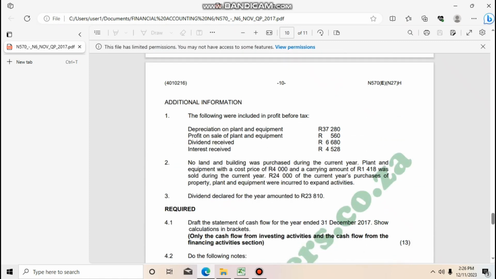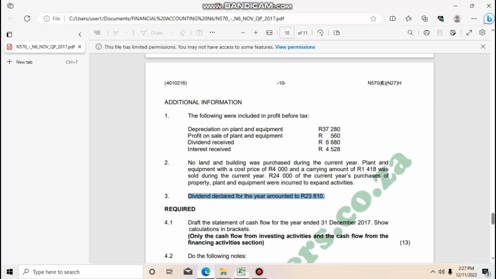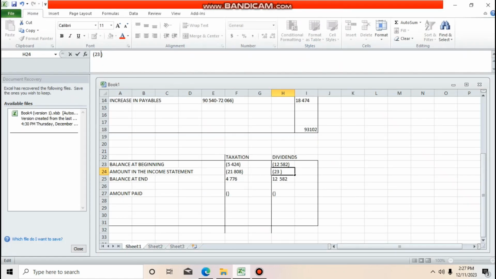No, we don't have the dividends, but if you can check the additional information we've been given, additional information number 3, it says the dividends for the year amounted to 23,810. So we're going to find the amount paid.